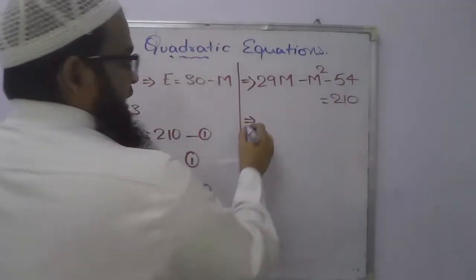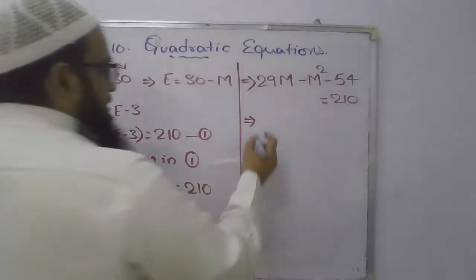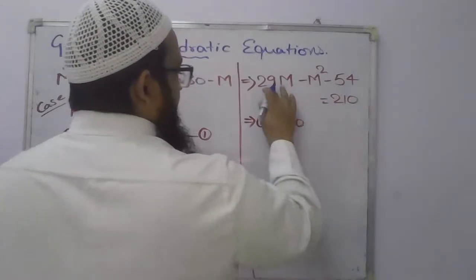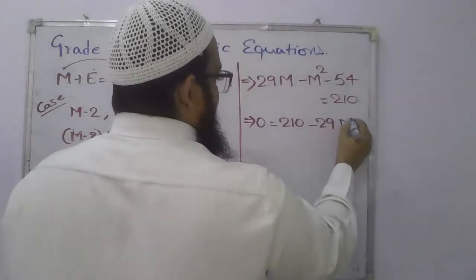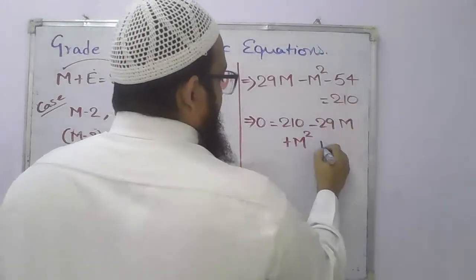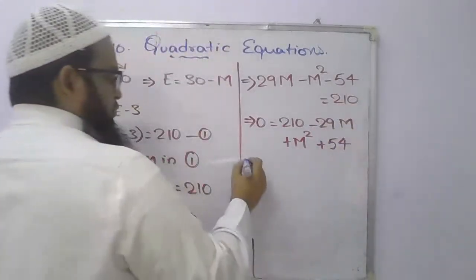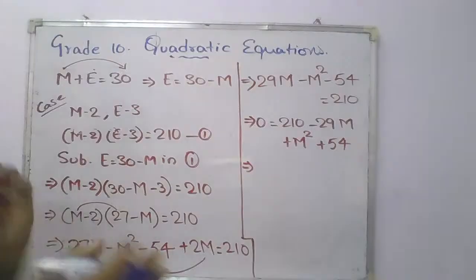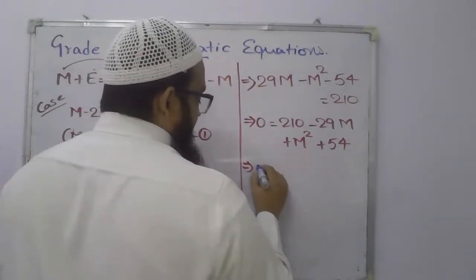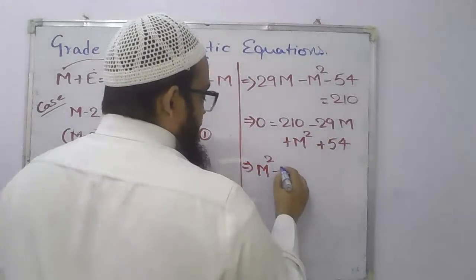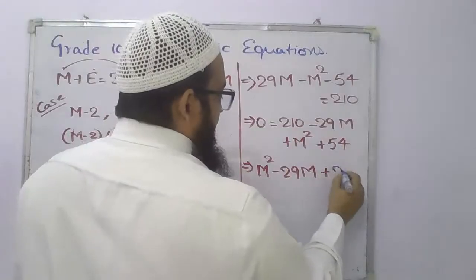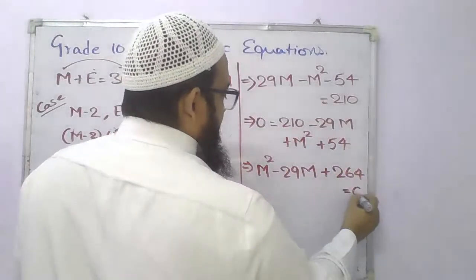Now transpose everything from the left hand side to the right hand side. 0 equals, already you have 210, minus 29m, minus m square will become plus m square, minus 54 will become plus 54. When you have equal to on one side, you can change the order. So it will be m square minus 29m plus 210 plus 54, that is 264, is equal to 0.